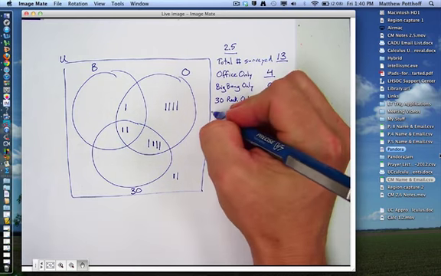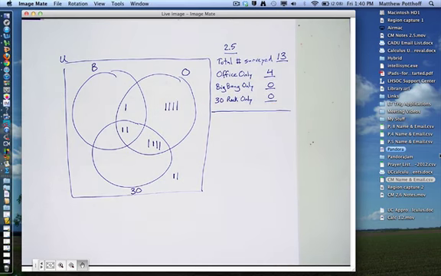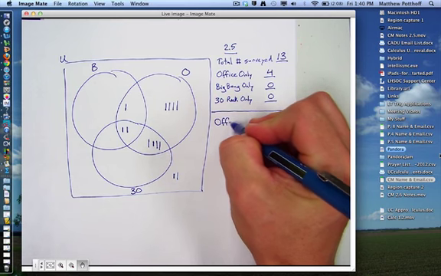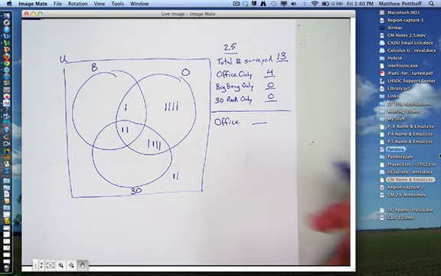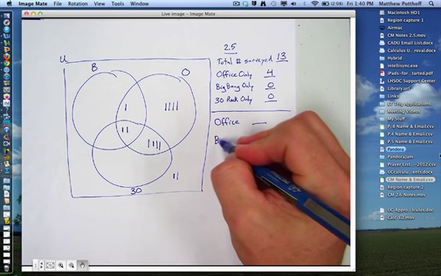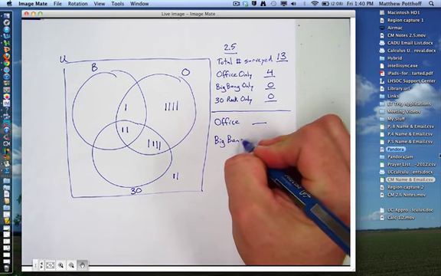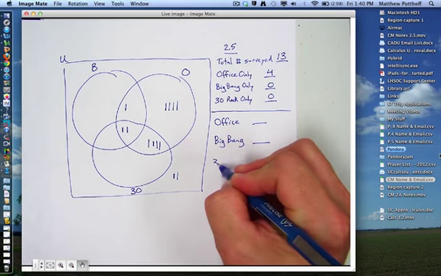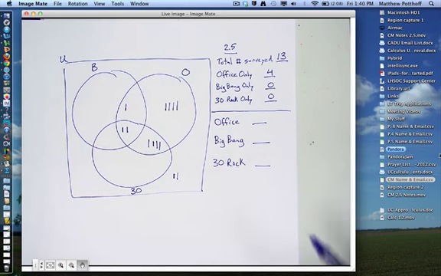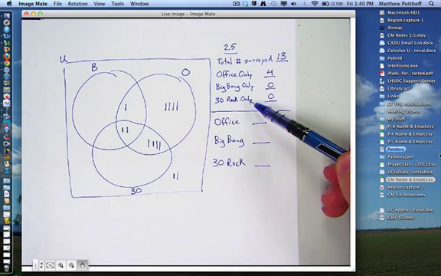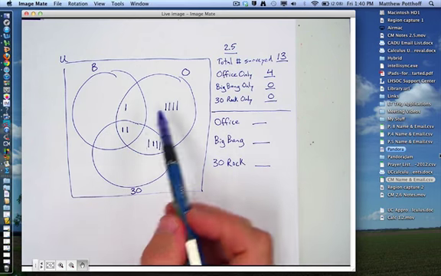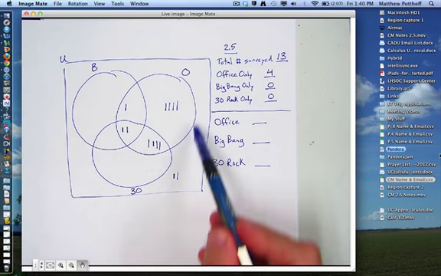Okay. Now, very important to notice this difference here. We want to now find how many people liked The Office, how many liked Big Bang, and how many liked 30 Rock. So notice now this word only is not attached to it. So now it's just anybody who liked The Office. And so that's going to be everything in the Office circle.